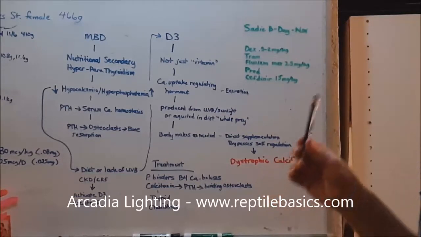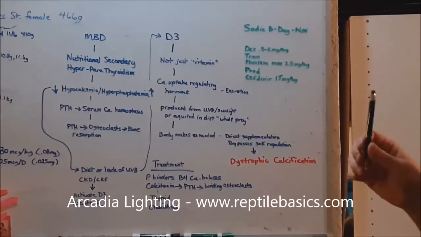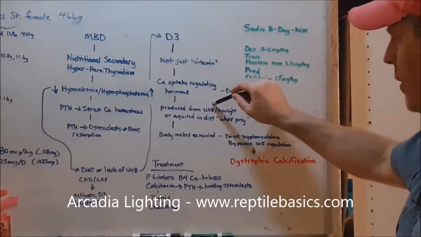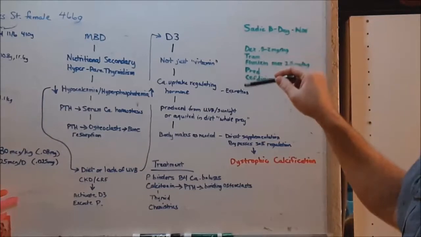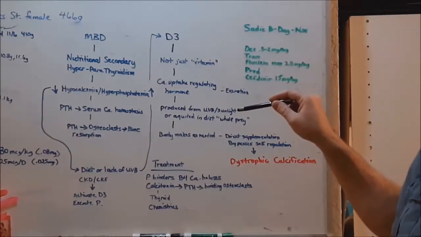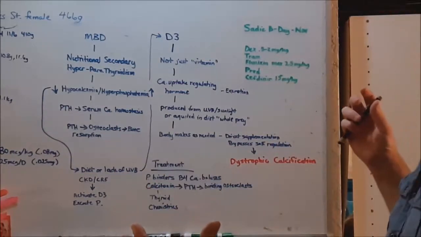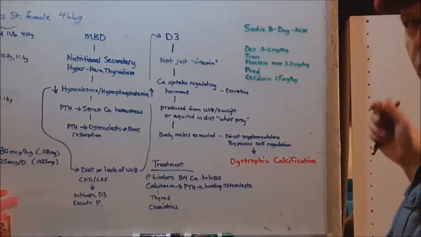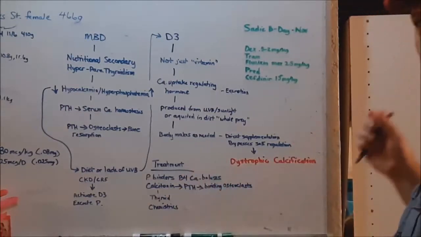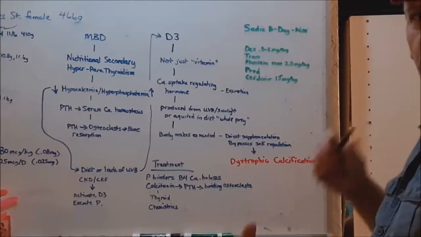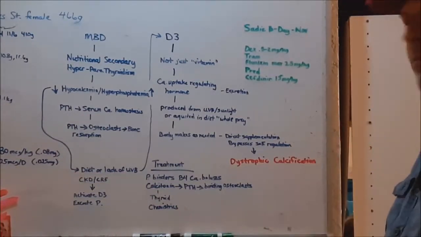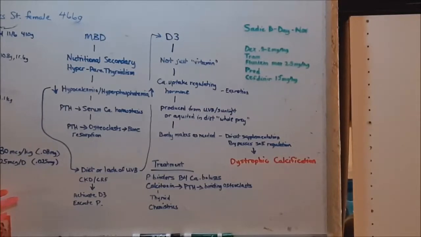Arcadia lamps at reptilebasics.com, and I recommend the Arcadia T5HO, which means it's a T5 fixture, a T5 fluorescent tube lamp, like they go over an aquarium, a linear tube fluorescent lamp. So T5 fixture, HO, high output, made by Arcadia. Those are the best made UV lamps in the world for reptiles and birds.